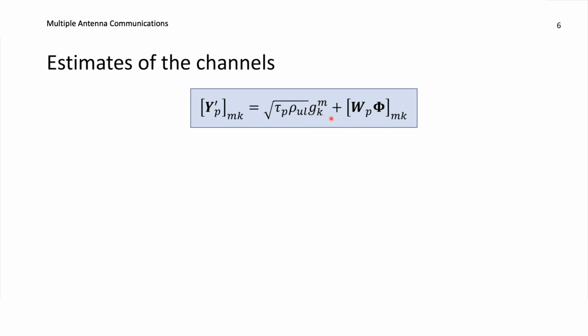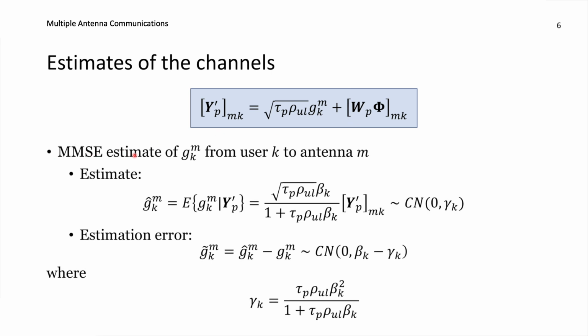And then we have one variable of our complex Gaussian distributed noise, which is independent of all of the other elements. Then we can apply the theory from the previous slide, because this is our P that we had before, this is the G that we would like to estimate, and this is our noise term. So the MMSE estimate of g_km from user k to antenna m is the following.